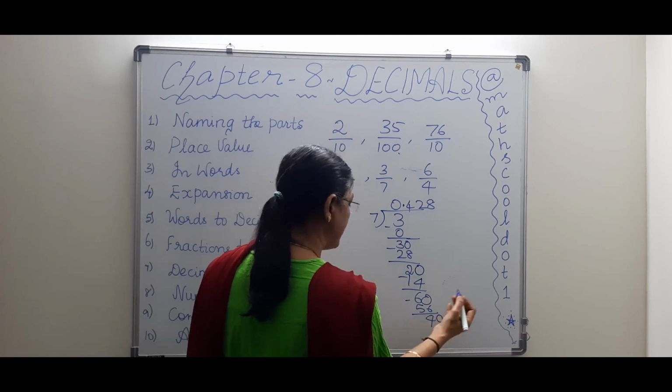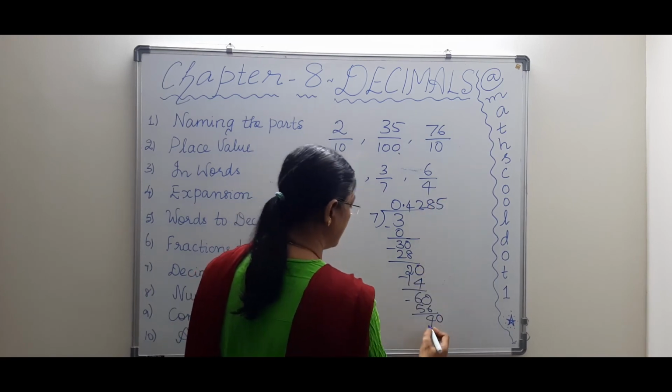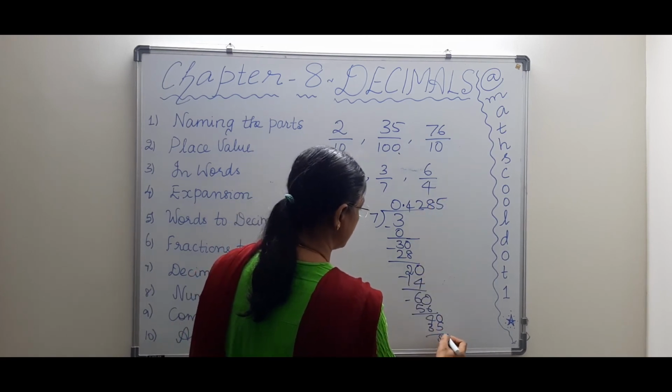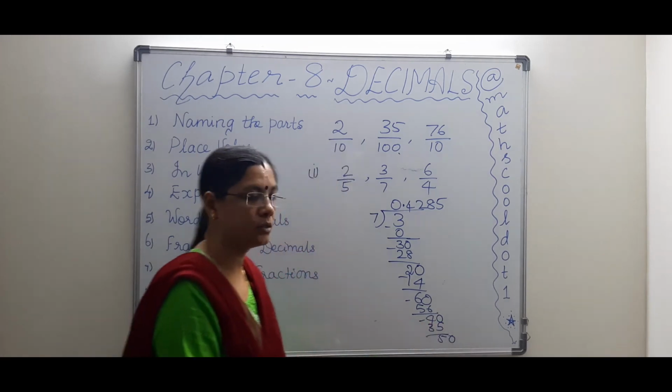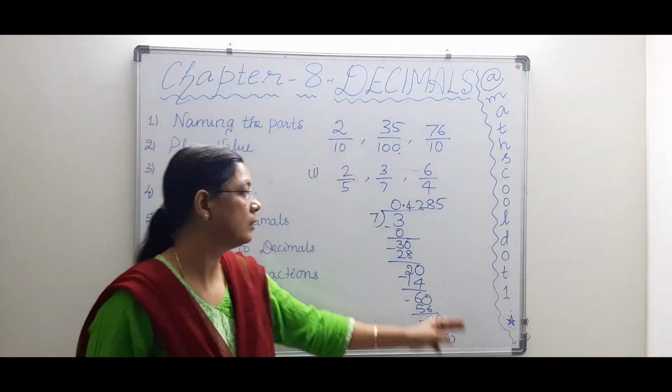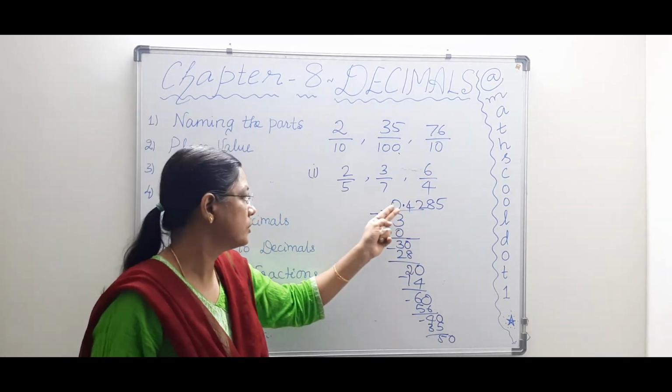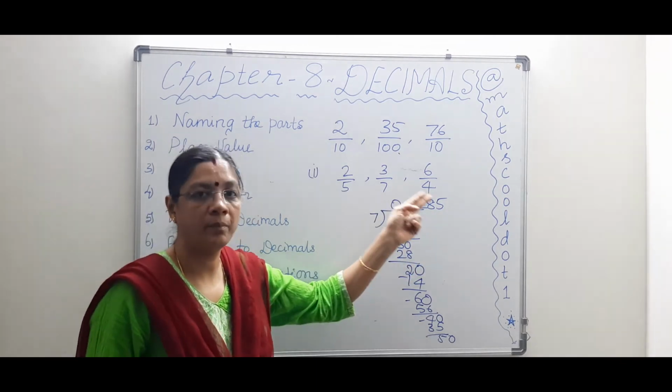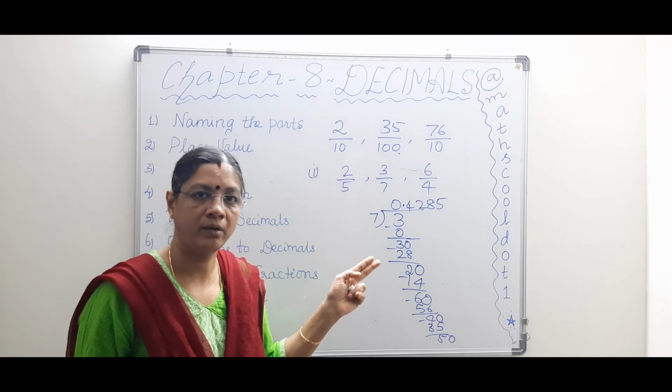Okay, so I can go on writing it until I get a 0 at the end, or I can stop with this. It will be going on, so I can stop with this. So the answer is 0.4285. Approximately it is 0.4285.